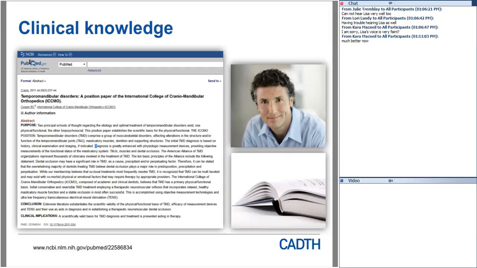On the right-hand side is an article from PubMed, which I just mentioned. And I put this up here just to show you that even if you go to PubMed and you look at this impressive article, it's not necessarily evidence. This is simply knowledge. The article is about how to fix temporomandibular joint disorder, and unfortunately, it's simply a paper that puts forth a reason why someone believes this.